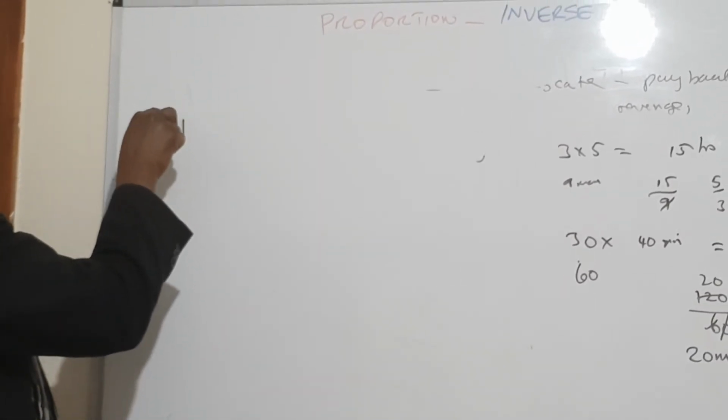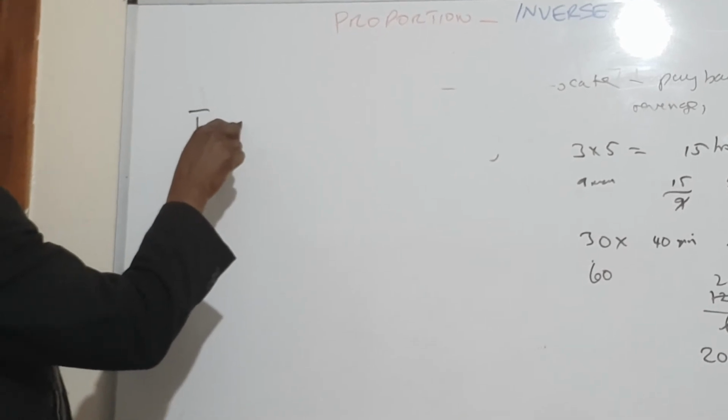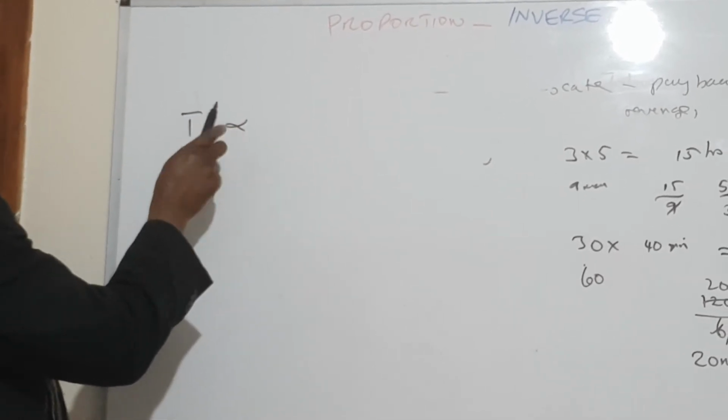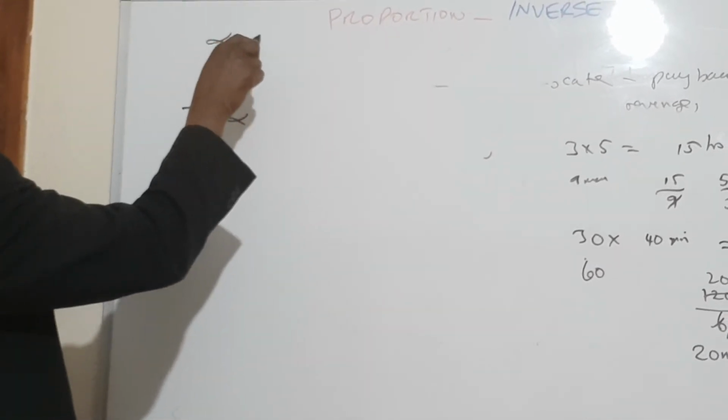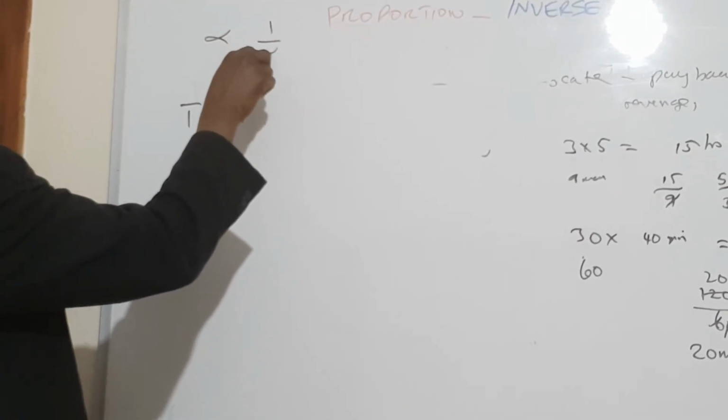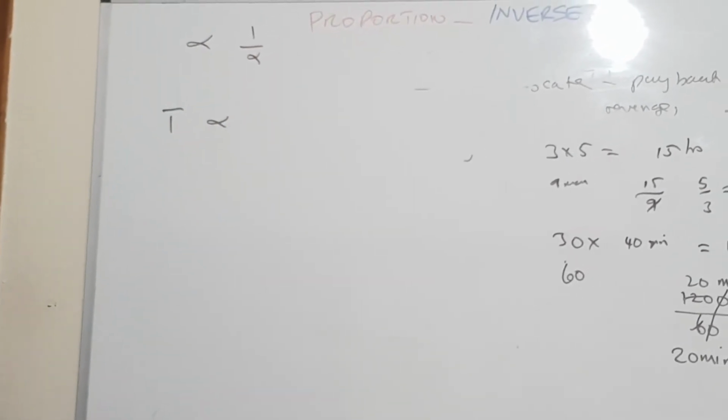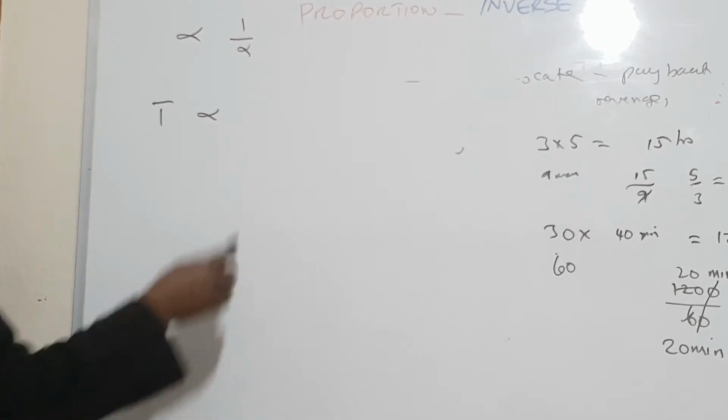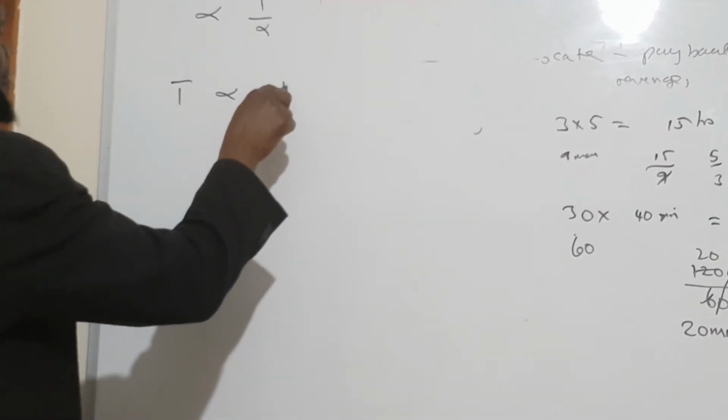If T is directly proportional to M, that's the sign you put for direct proportion, and inverse is like that, 1 over that.